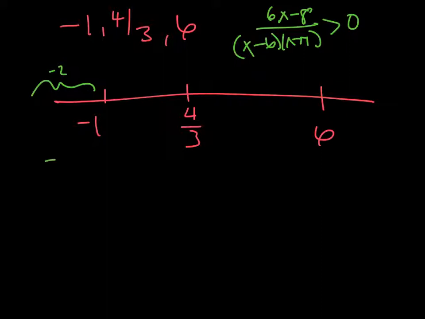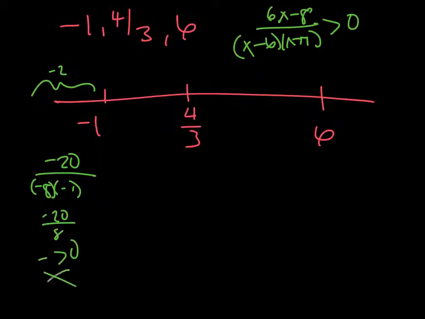That's -12 minus 8, that's -20 over -8 and -1. So I'm going to get -20 over +8, which gives me a negative number, and a negative number is not greater than 0. So to the left of -1 does not work.